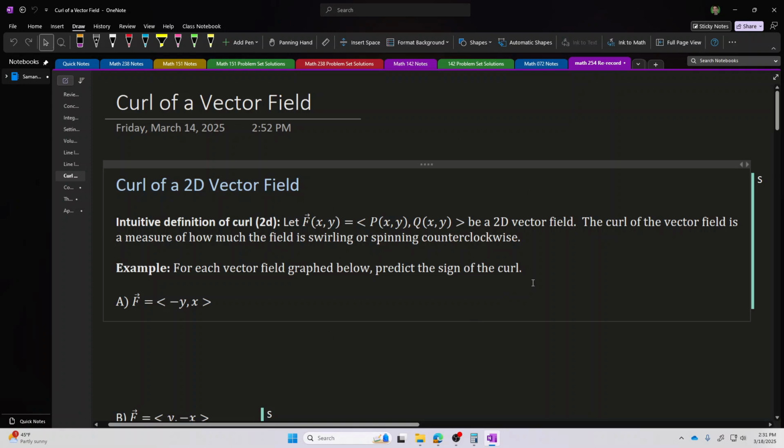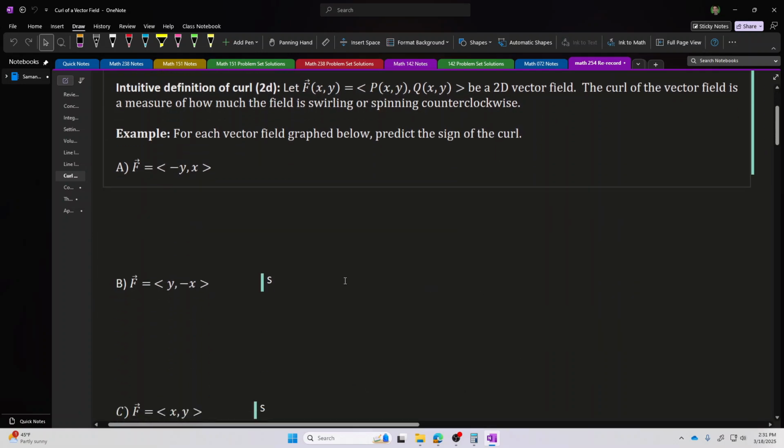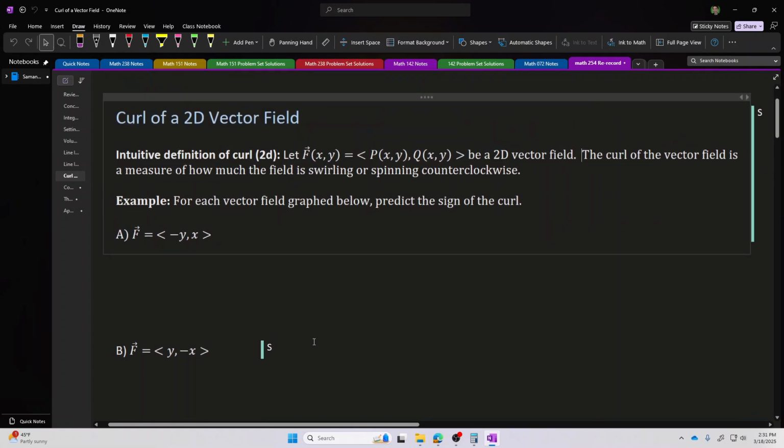So let's graph a couple of sample vector fields and see if we can predict whether the sign of the curl should be positive, negative, or zero, based upon this definition of curl as a measure of counterclockwise spin. So first up, we have the vector field which is outputting the vector negative y, positive x.